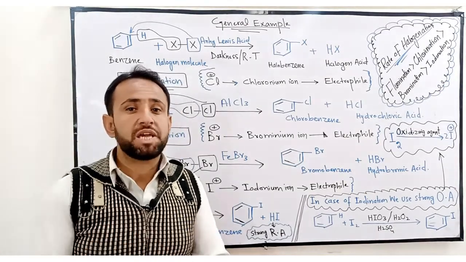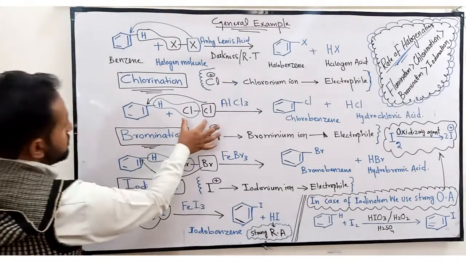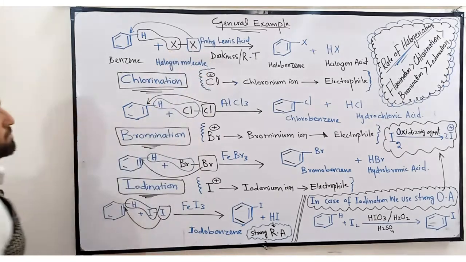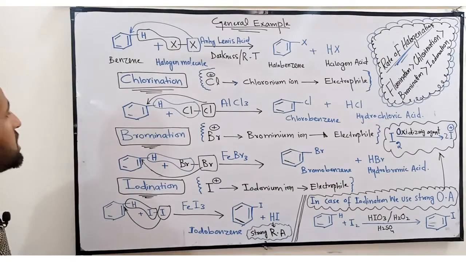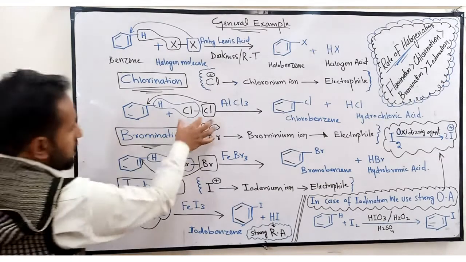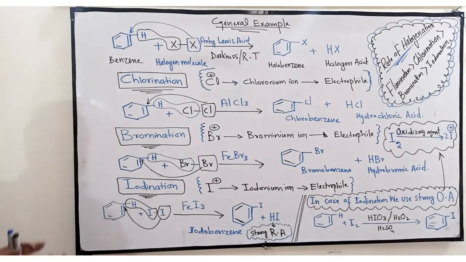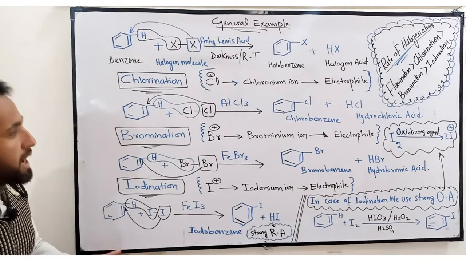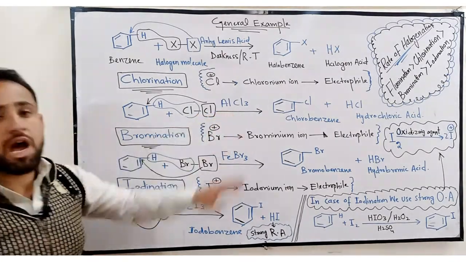Now, if chlorine is used as a halogenating agent, then what happens? For example, here I am using Cl2 instead of X2, these two chlorine atoms. If I use chlorine here, there must be a Lewis acid which contains chlorine atoms, like aluminum trichloride.